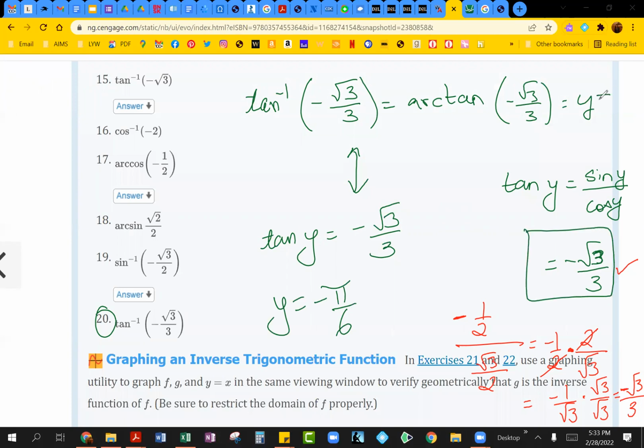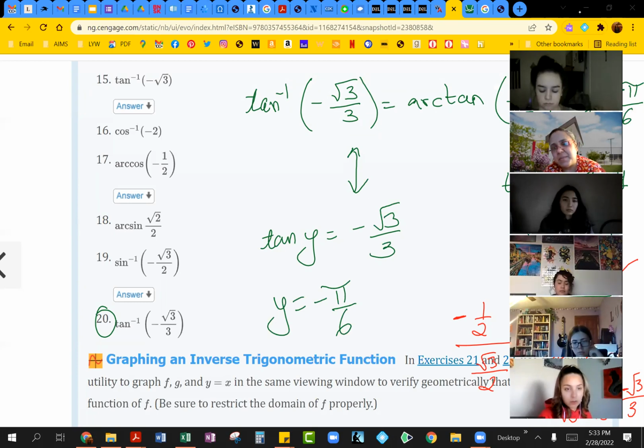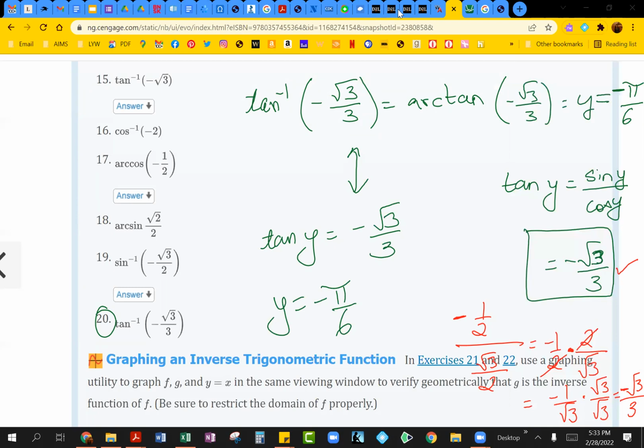So this answer here would be negative pi over 6 for number 20. So with the tangent function, you have to do a little bit of calculation because you won't be able to come up with the direct answer unless you're using a table or something where you already have the sine and cosine functions listed out for you. So questions on number 20 over here, guys.